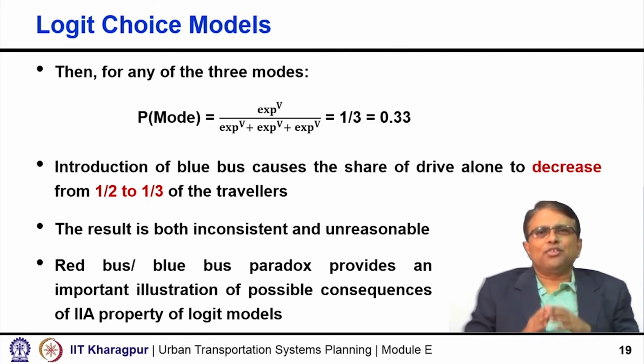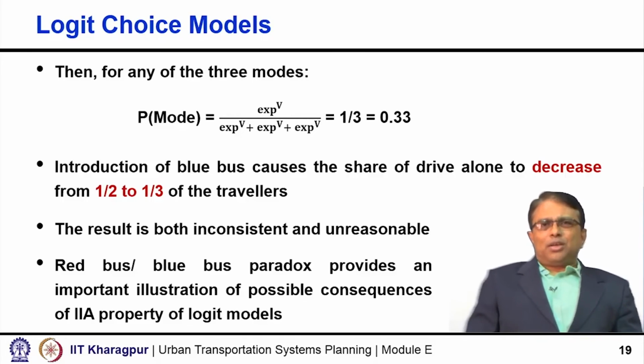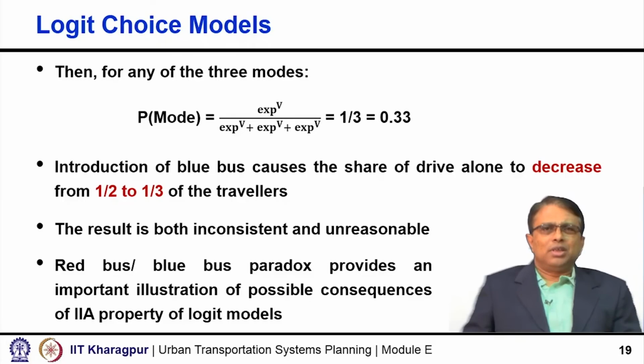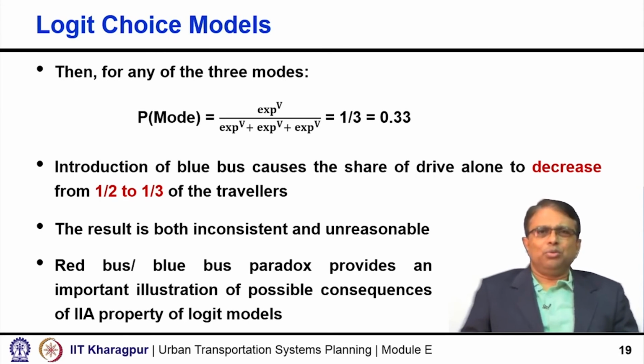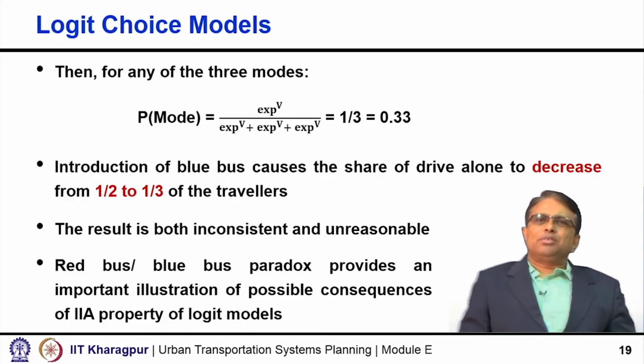The v of the red bus, blue bus and drive alone are the same. So, what is going to happen? You will find that the probability of using each mode will be 0.33.